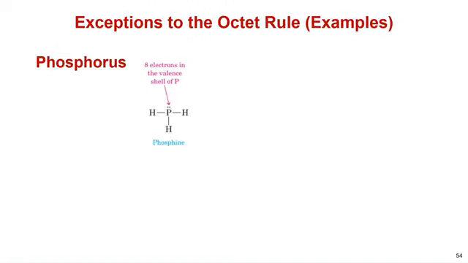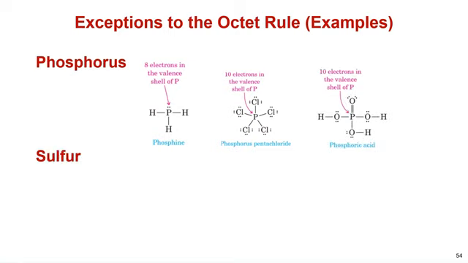But if you have phosphorus, a period 3 element, phosphorus has d electrons, therefore it can have more than an octet. Period 3 onwards, elements can have more than an octet. Sulfur is also in the third period.